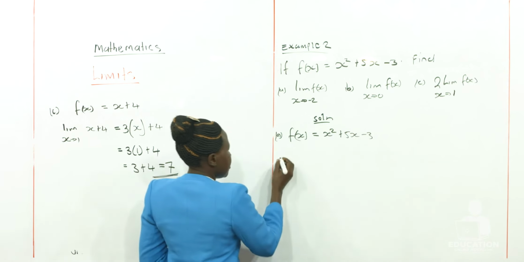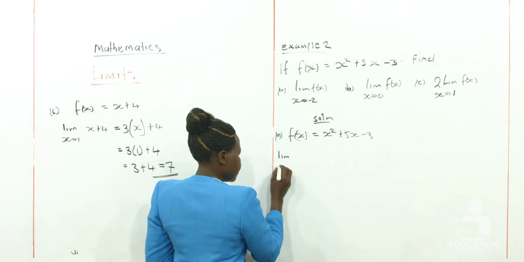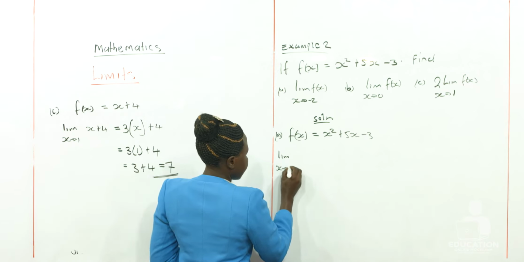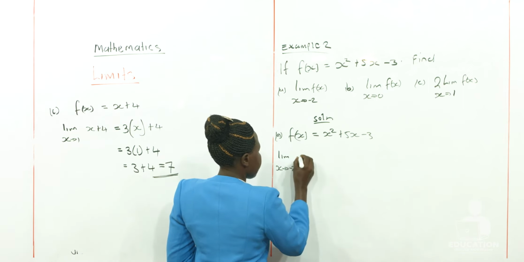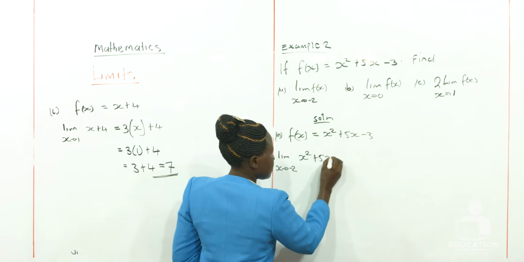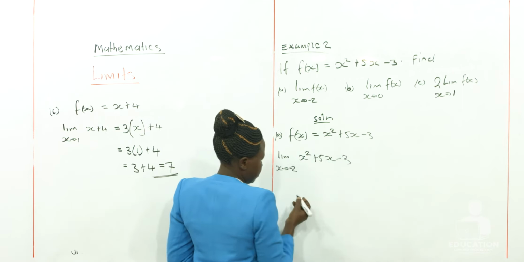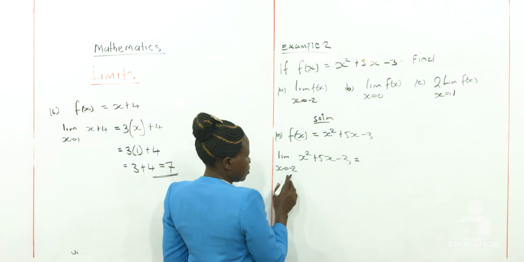And therefore, if it comes to a limit, then I will have x approaches to what? To negative 2. And then our function is substituted as x squared plus 5x minus 3. Now at this level, this is where we are going to substitute the value of x.